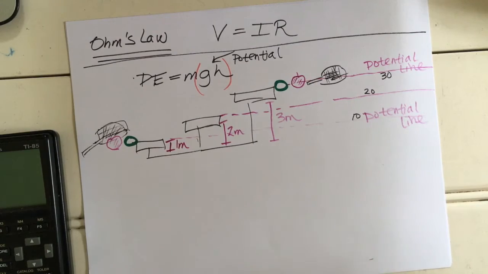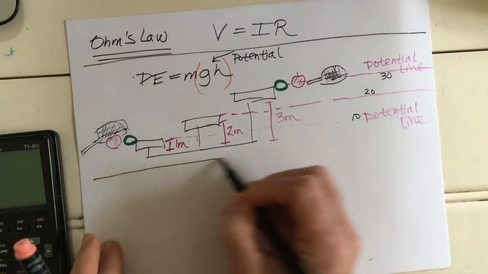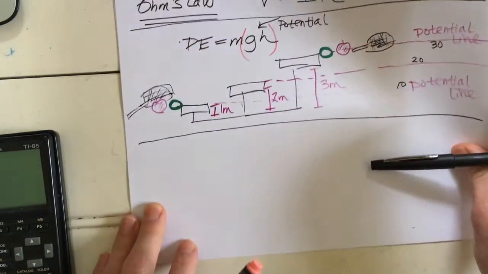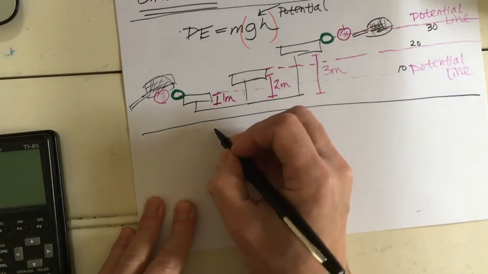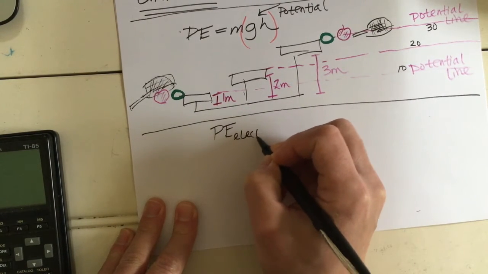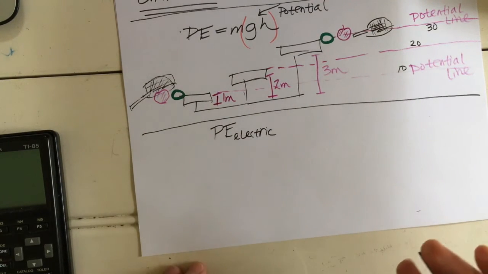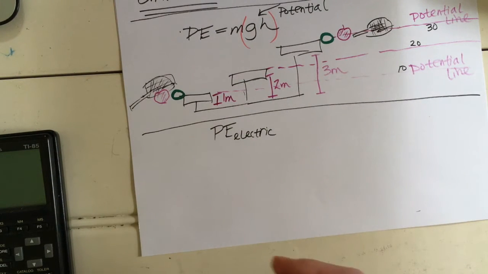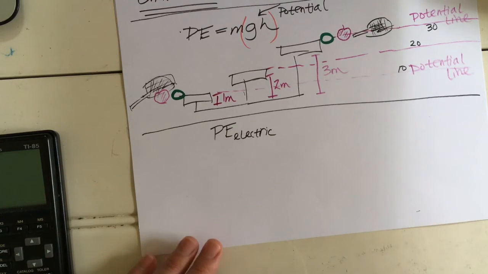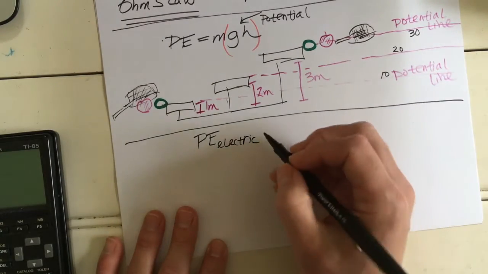And why am I bringing this up, right? Well, let's think about electricity now. So for electricity, there is something called potential energy electric, right? I mean, if a gravitational force is going to create potential energy of gravity, then why can't an electric force create potential energy of electricity, for a force electric?